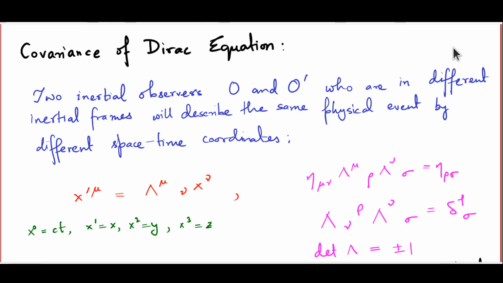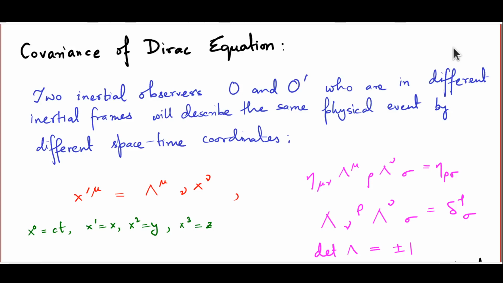Anyway, assuming that you understand why the notation is like this, let's go ahead and talk about some properties of these Lorentz transformation coefficients. One basic demand which you have is that the interval eta mu nu x mu x nu should be invariant.